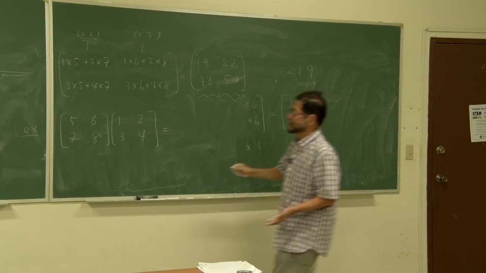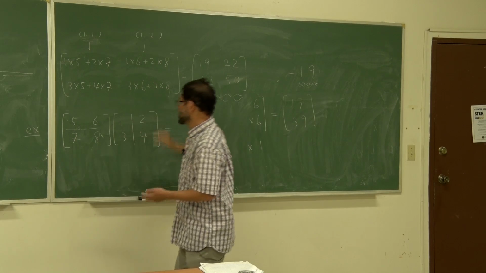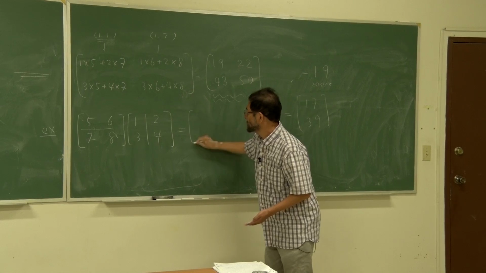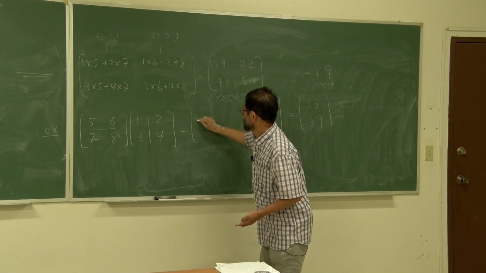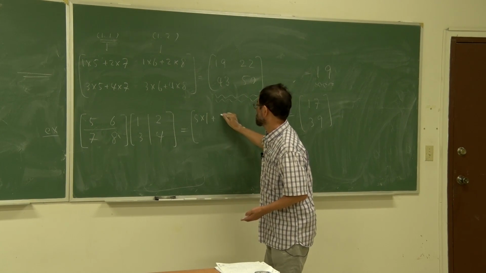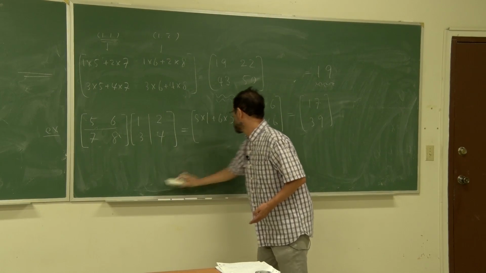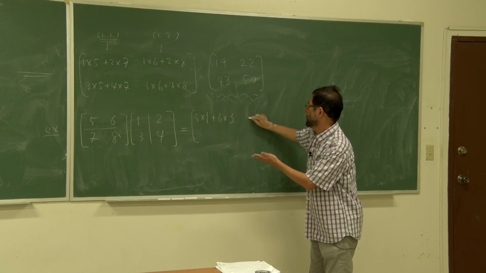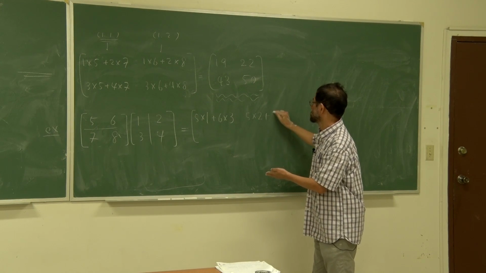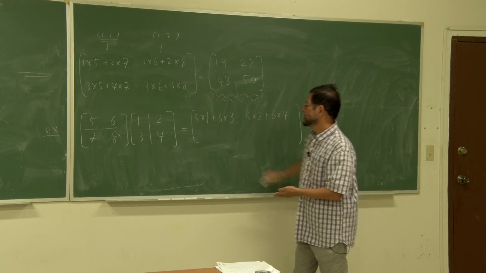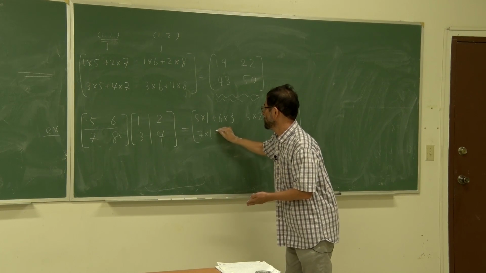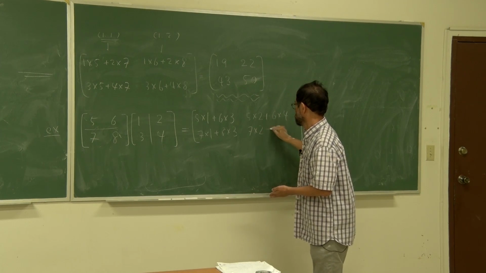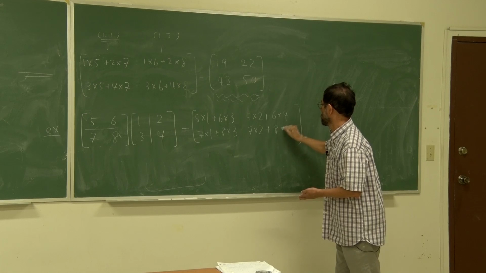But in this case, 5, 6, 7, 8 times 1, 2, 3, 4 gives 5 times 1 plus 6 times 3, 5 times 2 plus 6 times 4, 7 times 1 plus 8 times 3, and 7 times 2 plus 8 times 4.